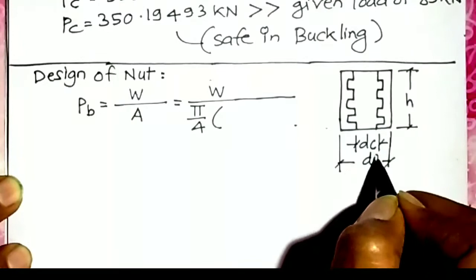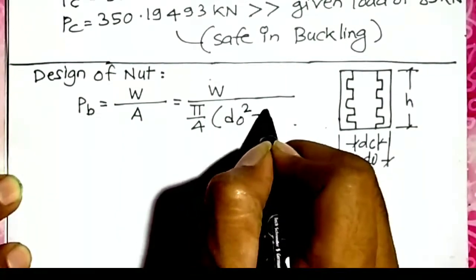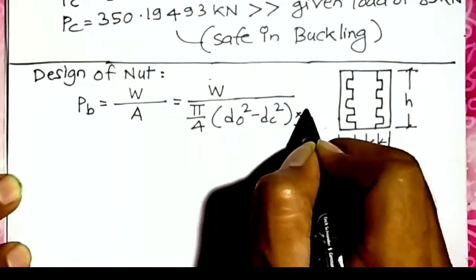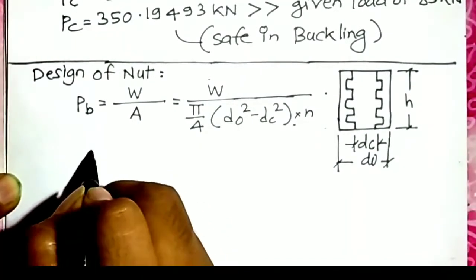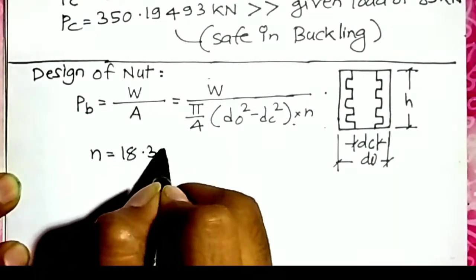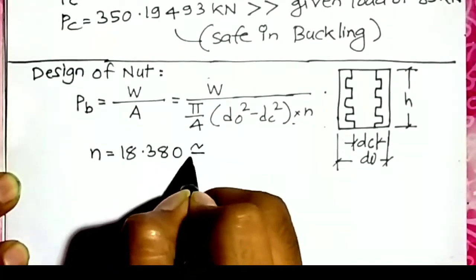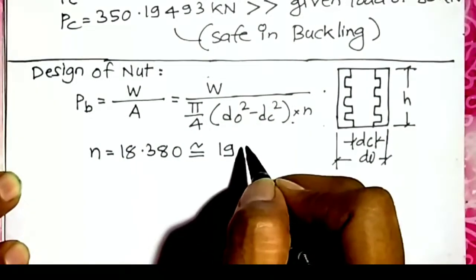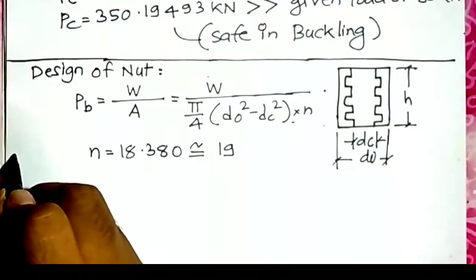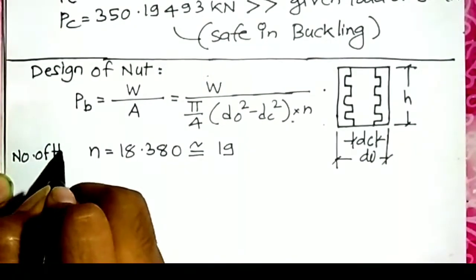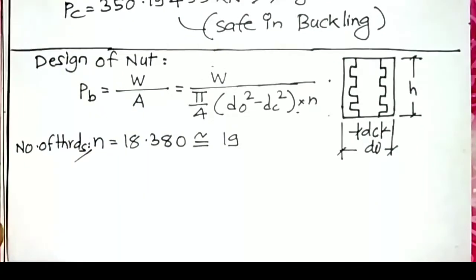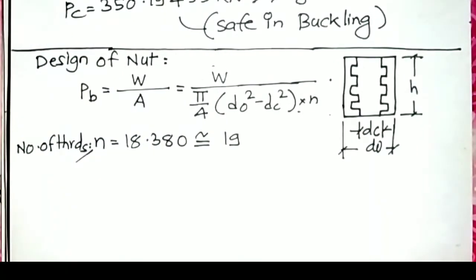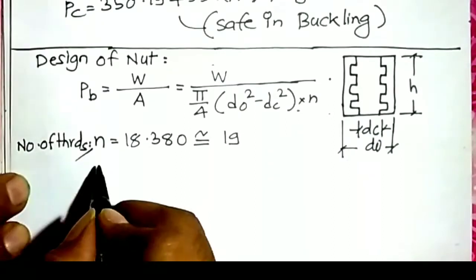Now first we need to calculate number of teeth which are in engagement with the nut. So that can be calculated by considering bearing pressure. All these threads which are in contact with the nut in height H, that is to be calculated.